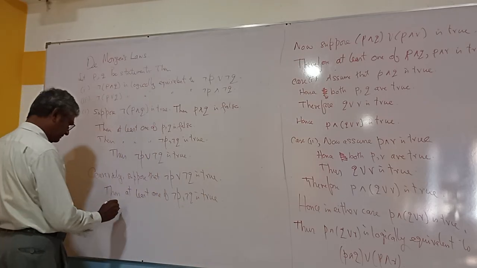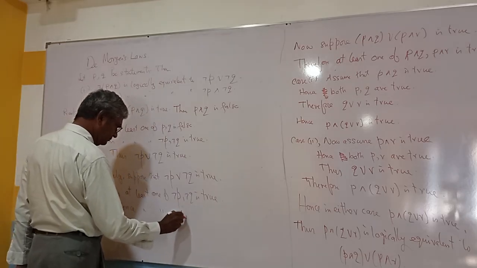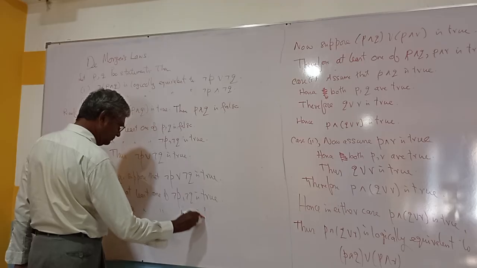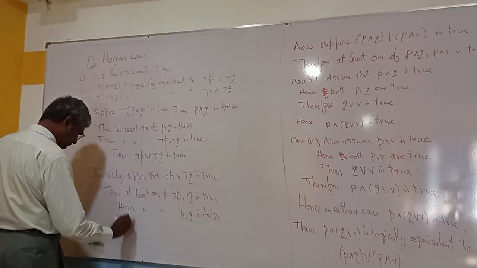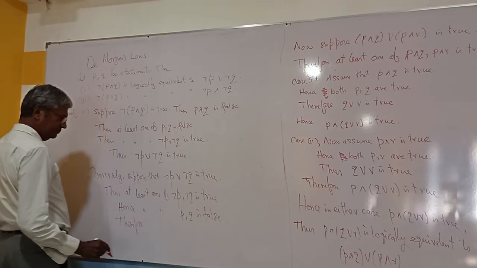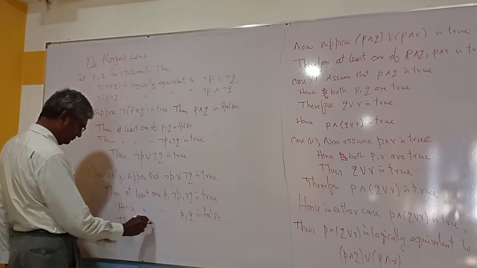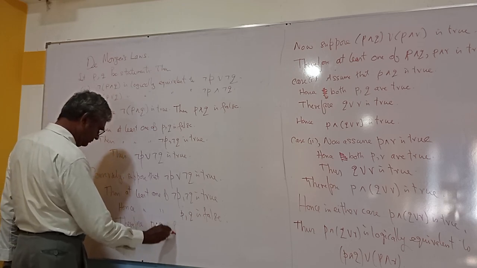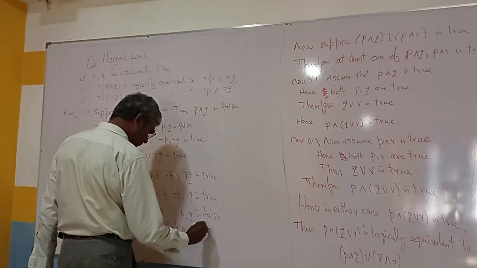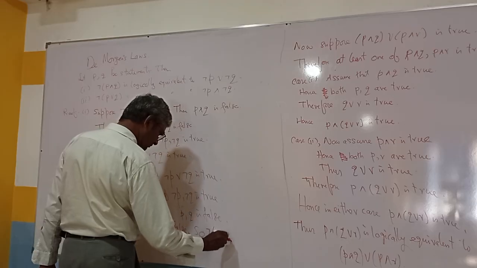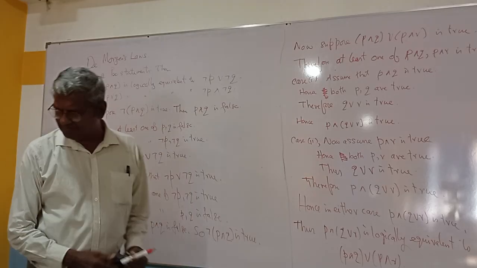Hence, at least one of P, Q is false. Therefore, P and Q is false. So, not (P and Q) is true. Not bad.